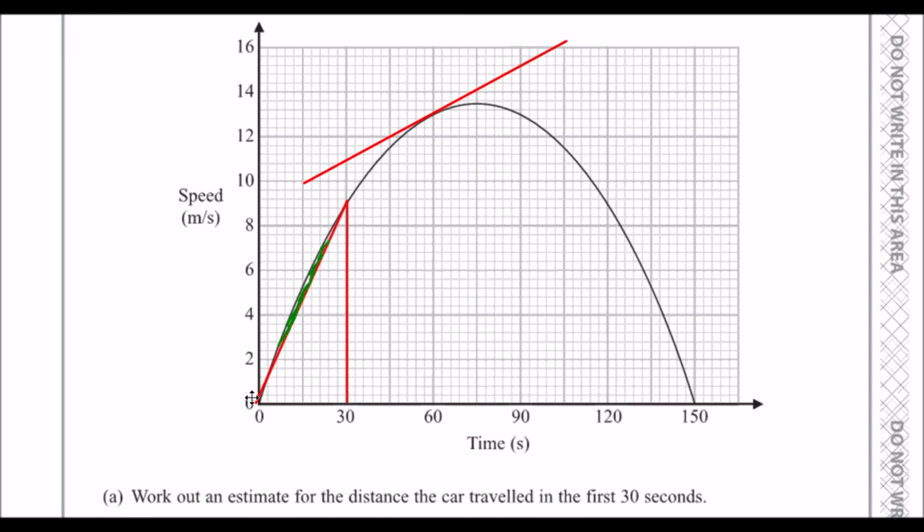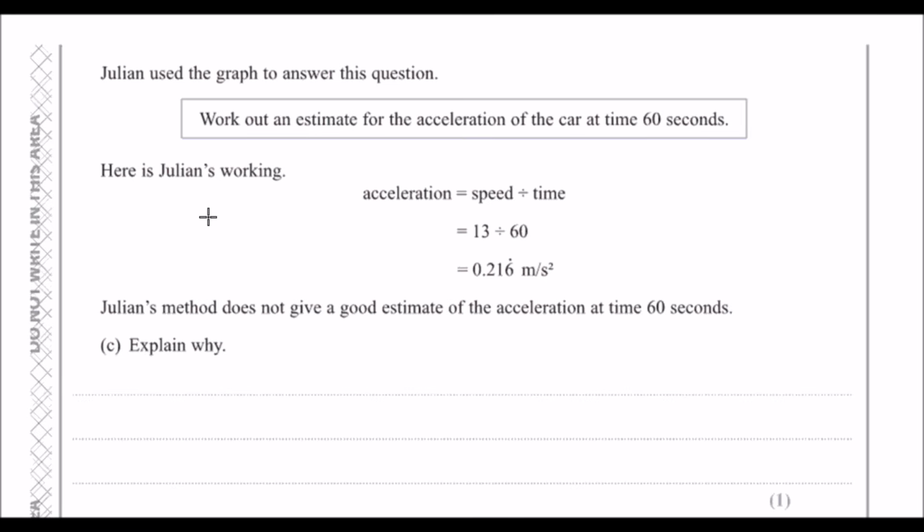He has worked out the average acceleration up to that point. So he's worked out the acceleration of this line. So the average acceleration up to 60 seconds, not the acceleration at time 60 seconds. So he should have drawn a tangent and worked out the gradient of this line, but he has worked out the average acceleration in the first 60 seconds.